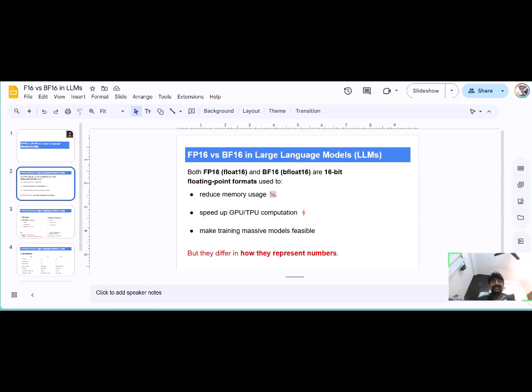Both FP16 (float 16) and BF16 (brain floating point format) are 16-bit floating point formats, and both are used to reduce memory usage compared to FP32 and FP64 floating point formats.